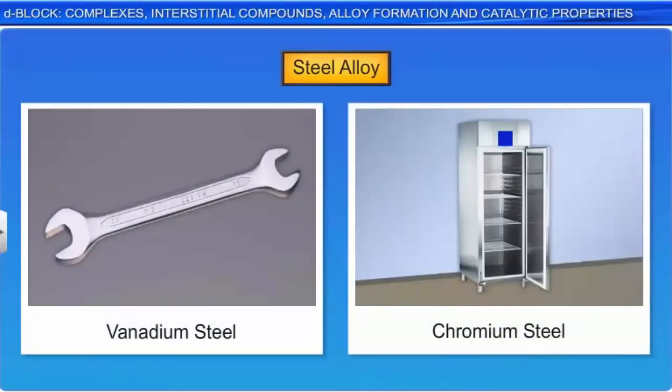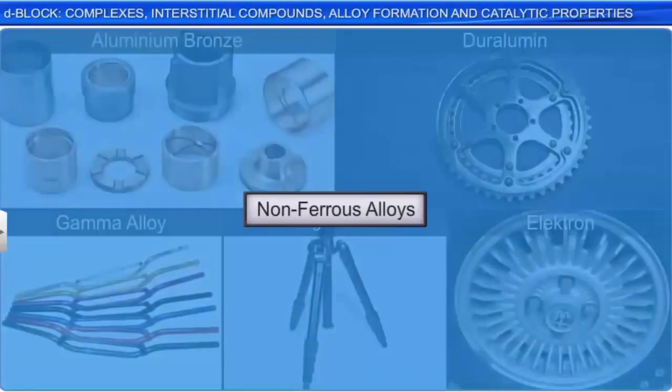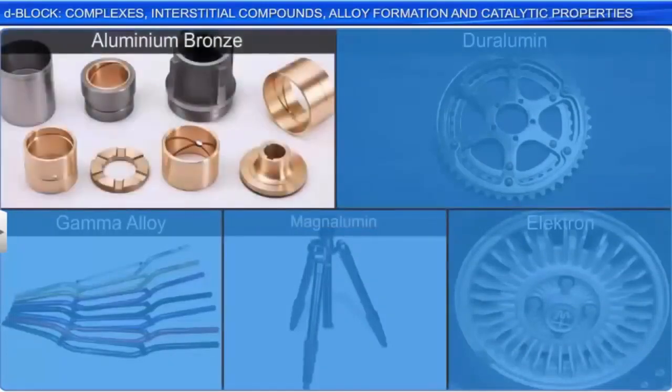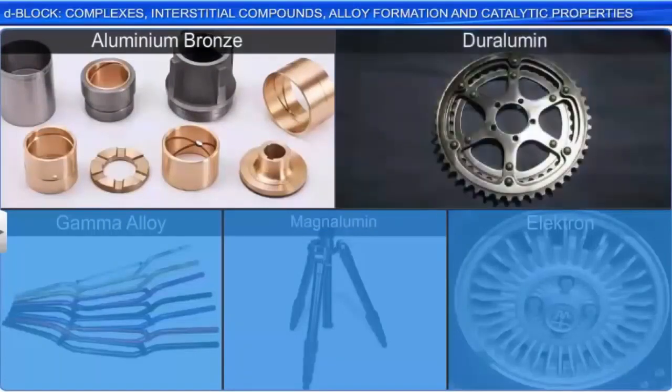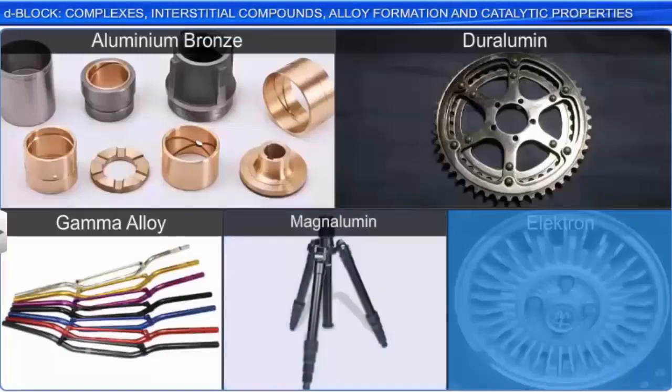Non-ferrous alloys are alloys that do not contain iron as one of the components. The number of non-ferrous alloys used in technology is very large. Aluminium alloys like aluminium bronze, duralumin, and gamma alloy, along with magnesium alloys like magnalumin and electron, find numerous applications in various fields.